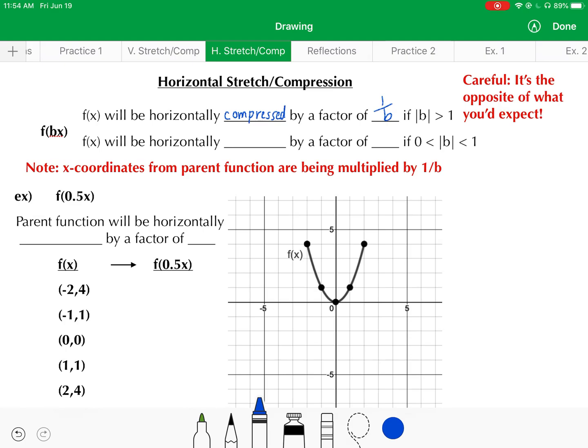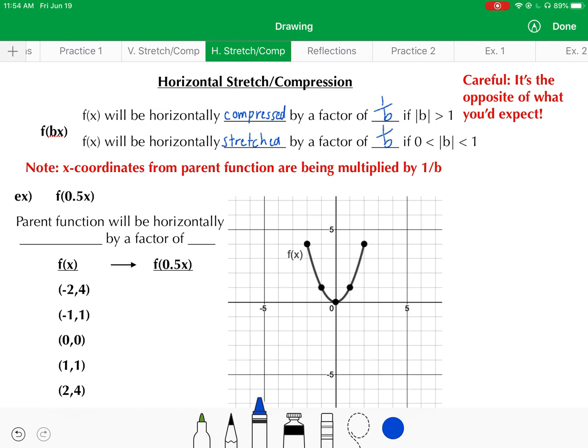So even though x is being multiplied by b, we're actually going to multiply all of our x coordinates by the opposite, 1 over b. Okay, and then f of x will be horizontally stretched by a factor of 1 over b, as long as the absolute value of b is between 0 and 1.